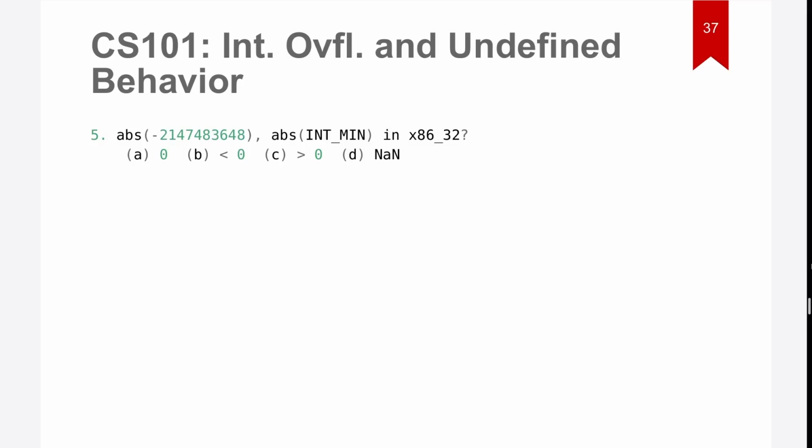Can we represent 2 billion, if we assume arbitrary precision, can we represent the 2 billion ending with 8 in a signed integer? No, we cannot, because that is one larger than the largest possible signed integer.